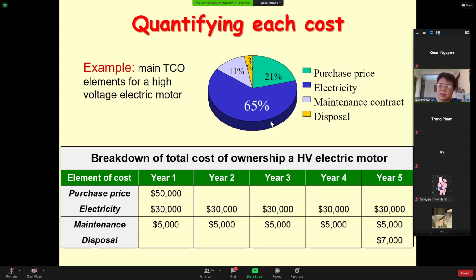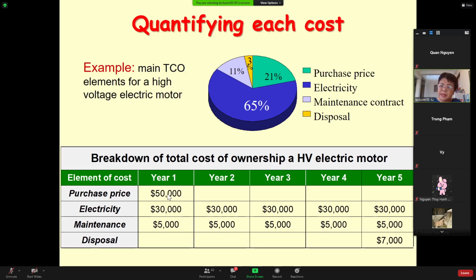This shows you the percentage of how much you are going to spend on the purchase price, electricity, maintenance cost, and disposal. The data on your slide shows the total cost of ownership of an HV electric motor: year 1, year 2, year 3, year 4, year 5.